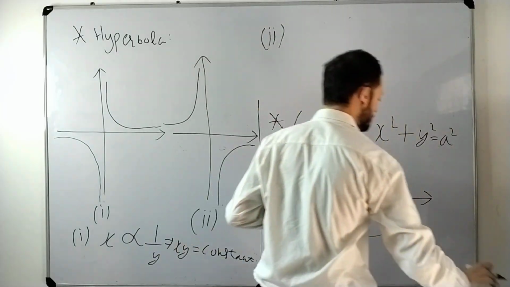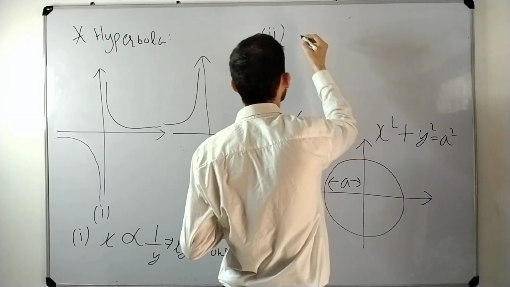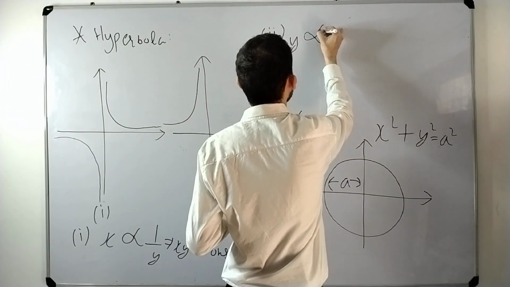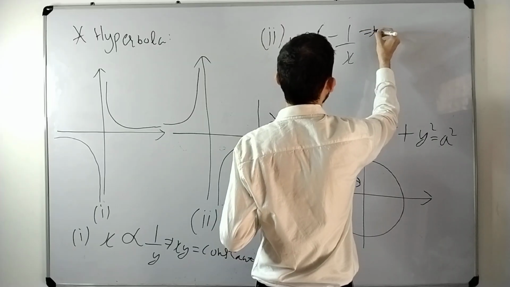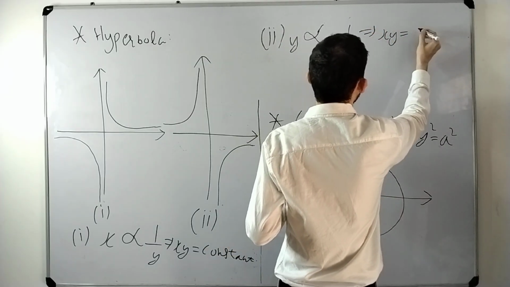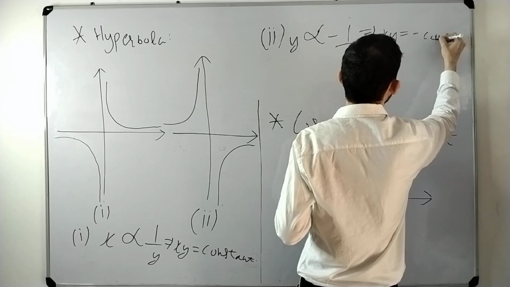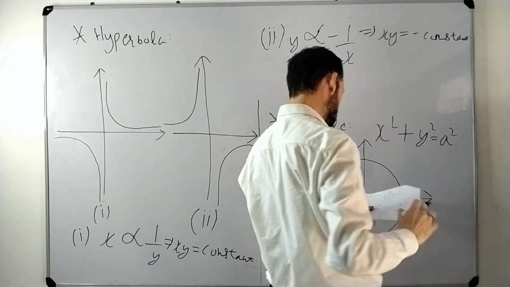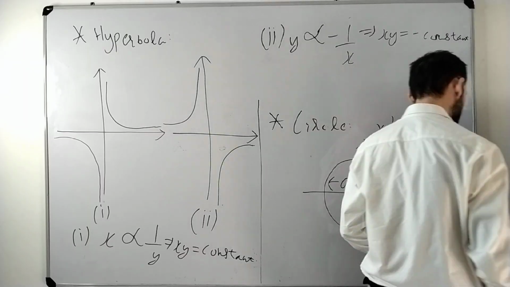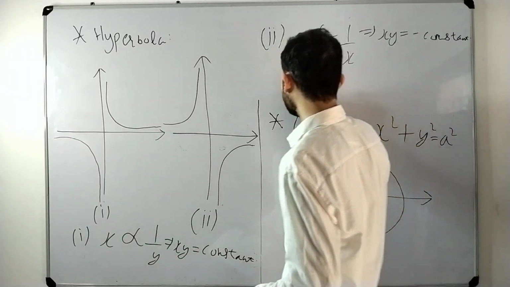Y happens to be minus 1 by x, then xy is minus constant. Right, students?